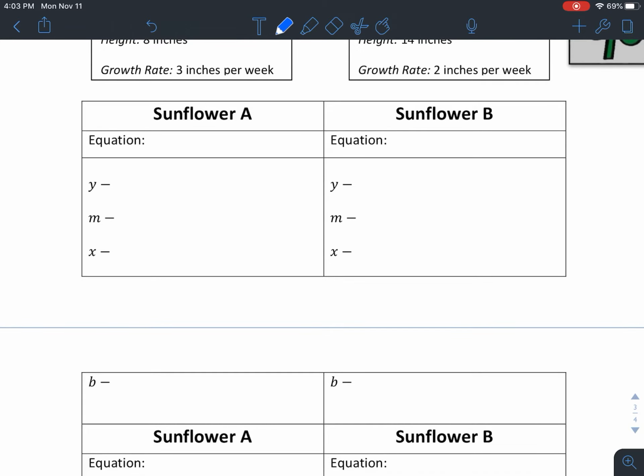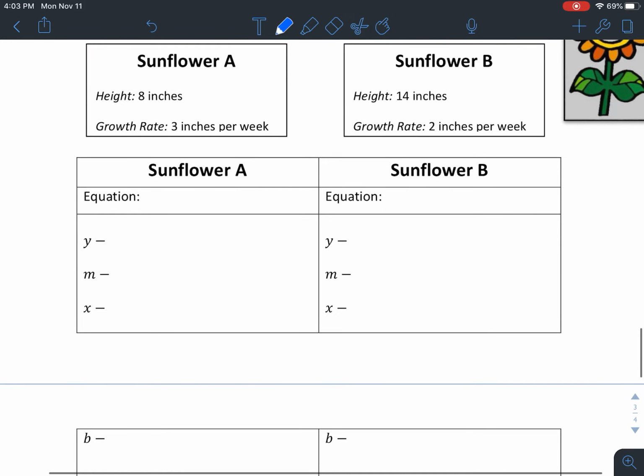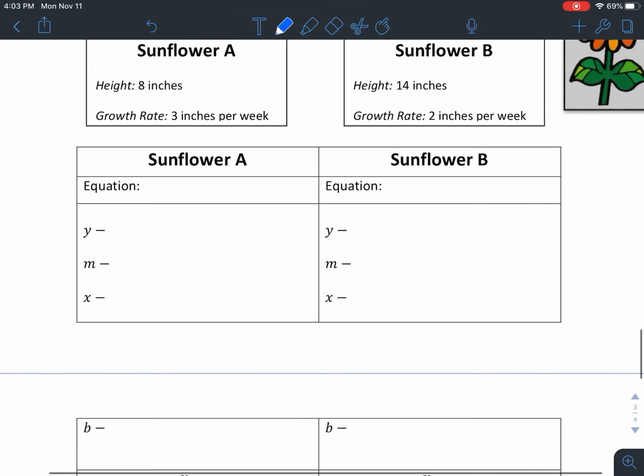So for our two pieces of given information, the starting height would be my B value, right? We talked about this: our starting value, our initial cost, our initial fee, whatever the starting thing is, is always the B value. I apologize, you have to flip back and forth.